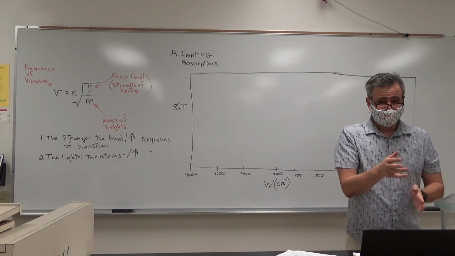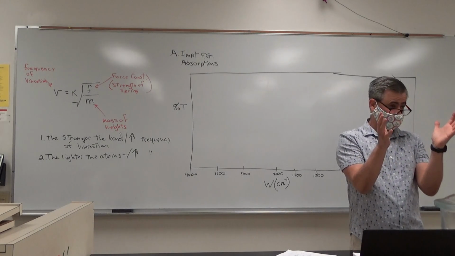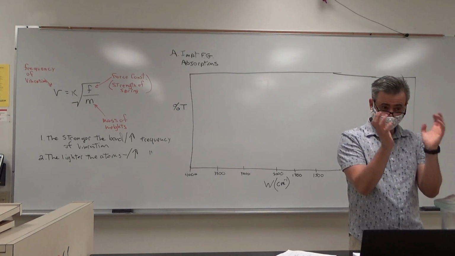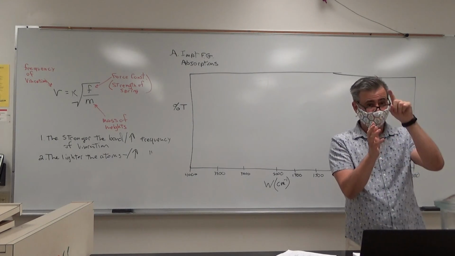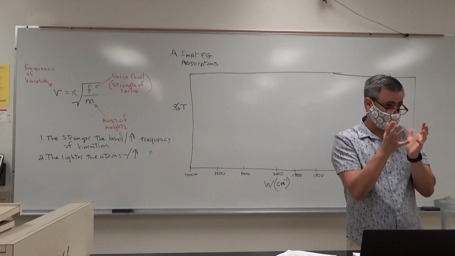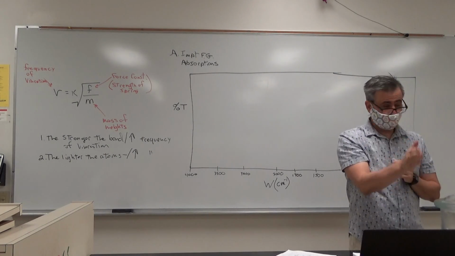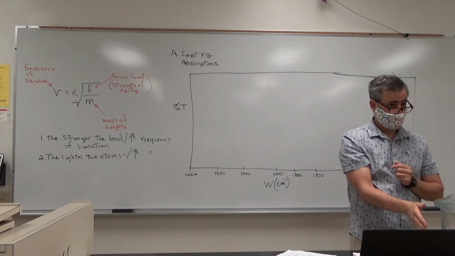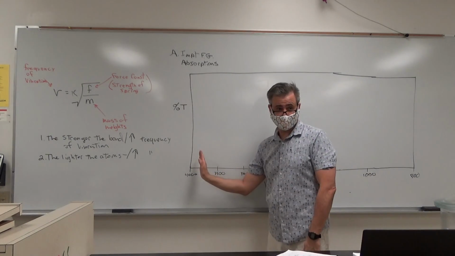Okay, and so it'll be sharp. Some of them tend to be more broad. If you have that functional group in that molecule, then there's a bit of a range where you see absorption. Some of them tend to give you a lot of absorption, and so you'll see a spike that goes way down because your transmittance is going way down.